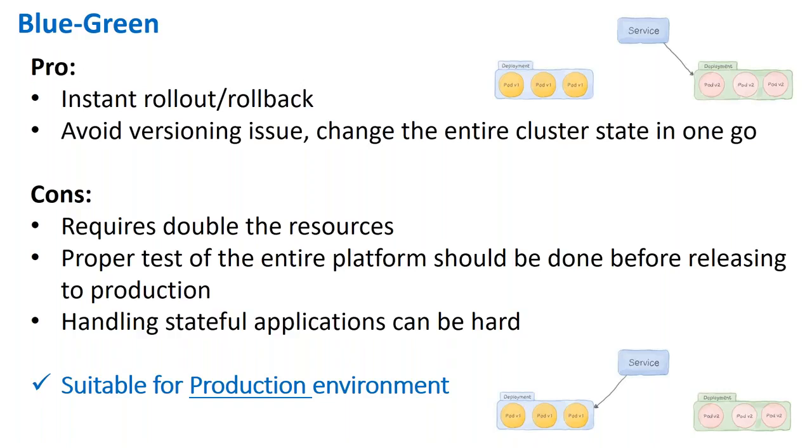However, you also have to make sure that before you switch the service to point to the new set of pods or the new object, you are doing thorough testing. Okay, these are some of the disadvantages. But again, for certain applications, this is quite useful. So that way we can manage the downtime.